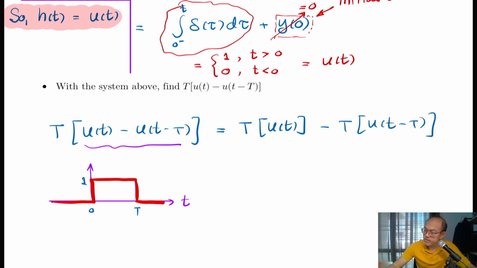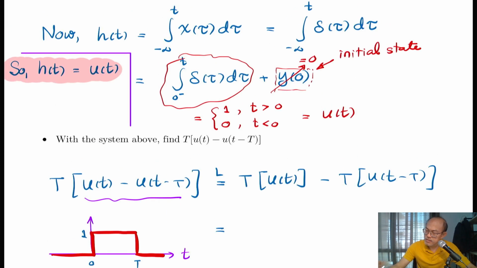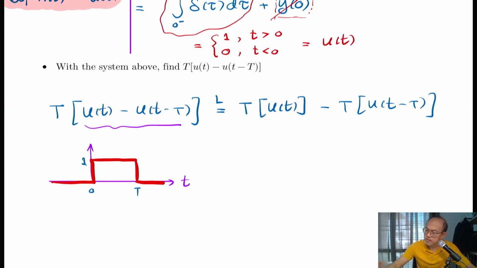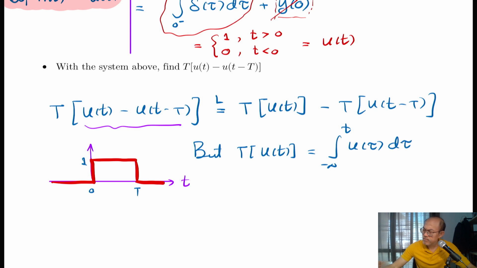From the definition, T of u is the integration from minus infinity to t of u(tau) d tau, and that we know is t u(t).